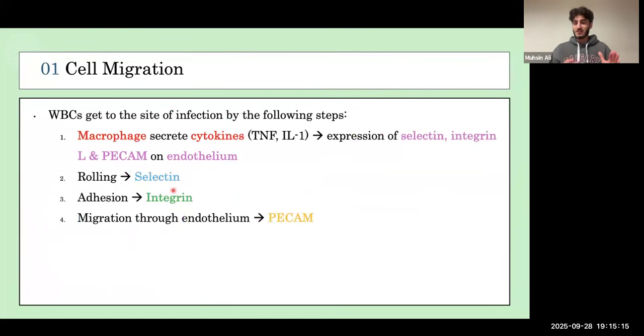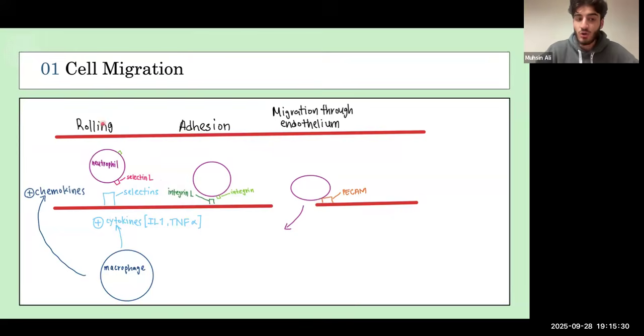Now, what you need to do with all this information is you need to be able to associate which protein does which function in the cell migration. So what that means is that we said selectin is going to be expressed by the cytokine, right? And what is the function of the selectin? It's going to bind to the selectin ligand from the neutrophil in order to allow this neutrophil to roll across the endothelial cells, right?